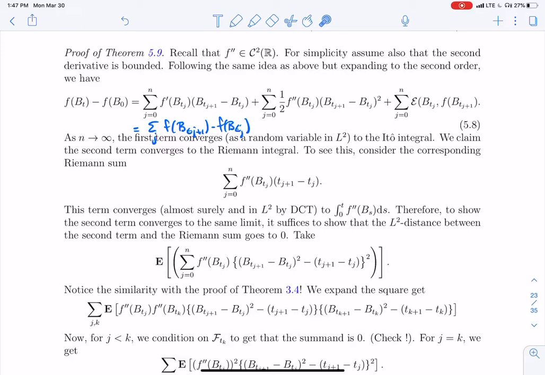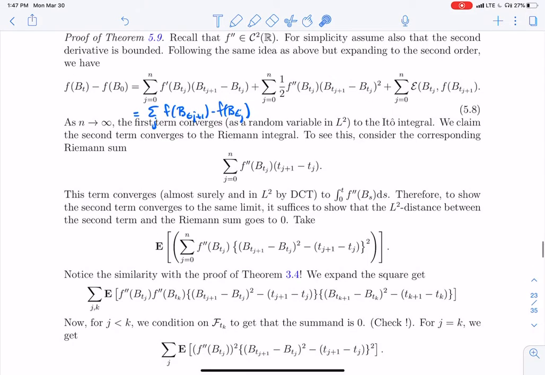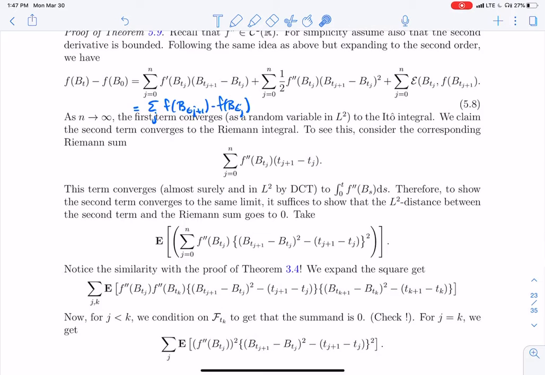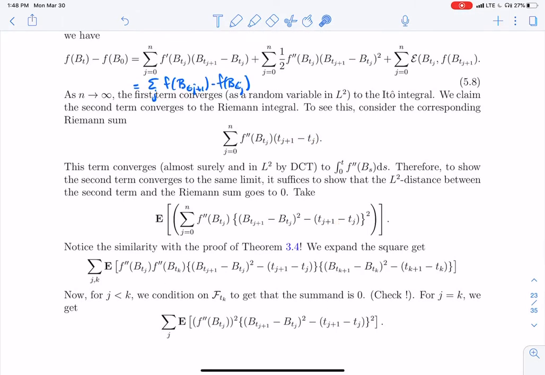Not exactly equal, but we know that the quadratic variation of B is t. So what we're going to do is subtract what we want from this, and we have to show that this goes to 0.